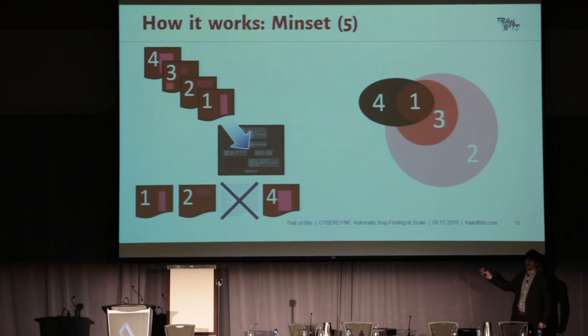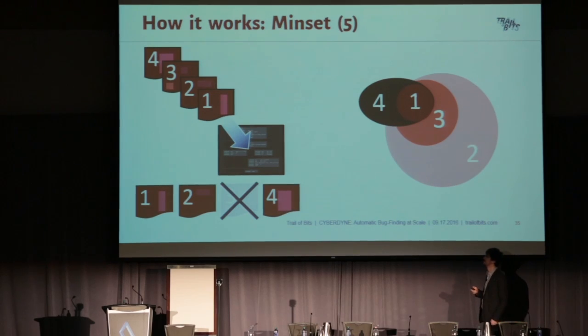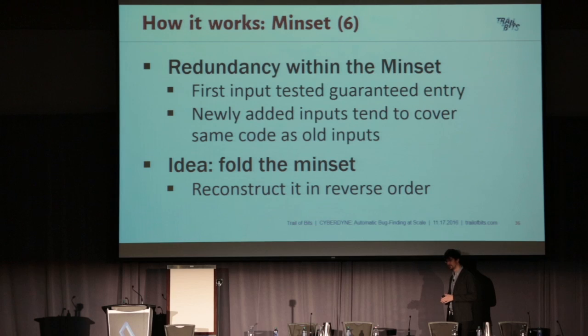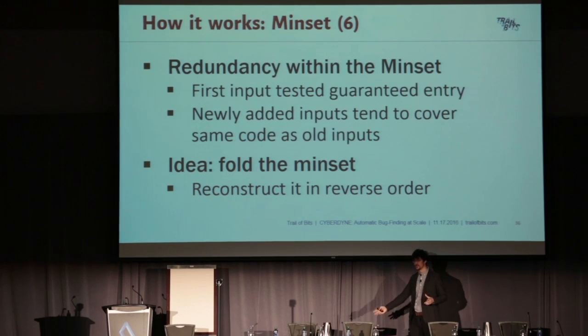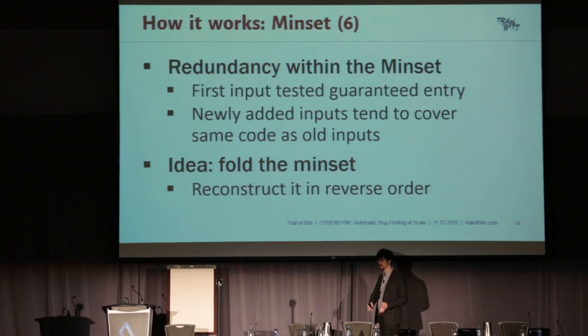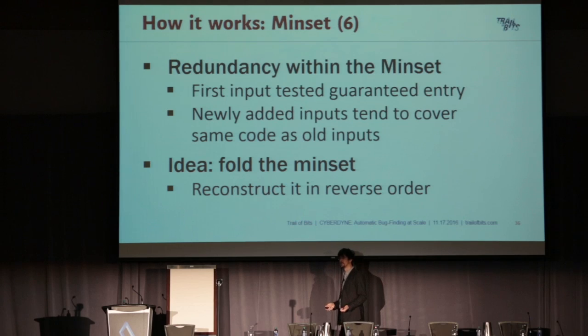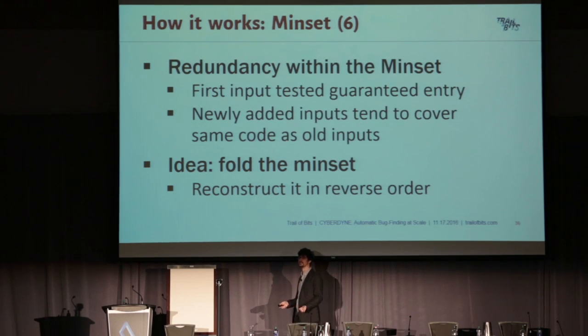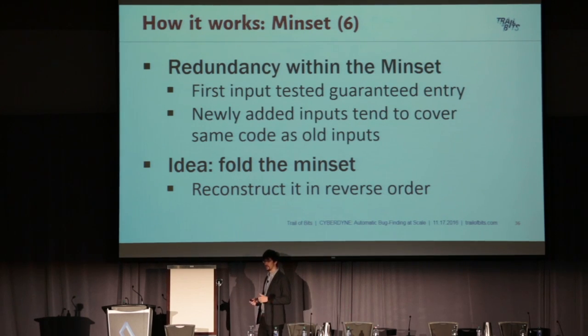And this is great. We've taken 4 inputs and we've compressed them down into 3 inputs. But there's a few problems here. There can be redundancy in the Minset. And one of the ways you can think about this is, over time, we're doing that stair-stepping where we're trying to increase our coverage.